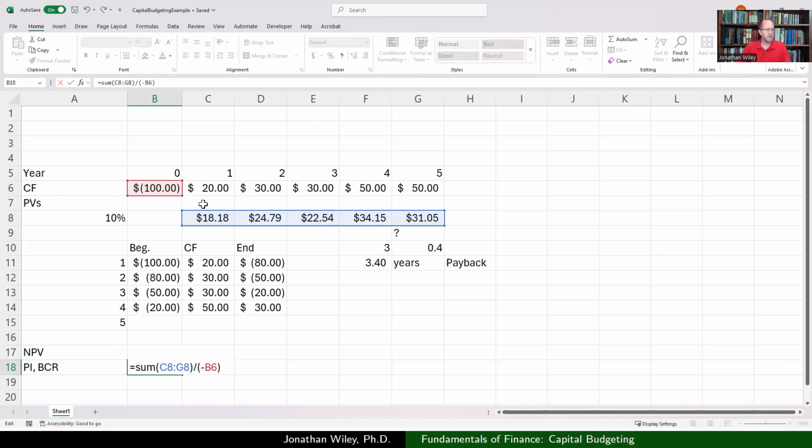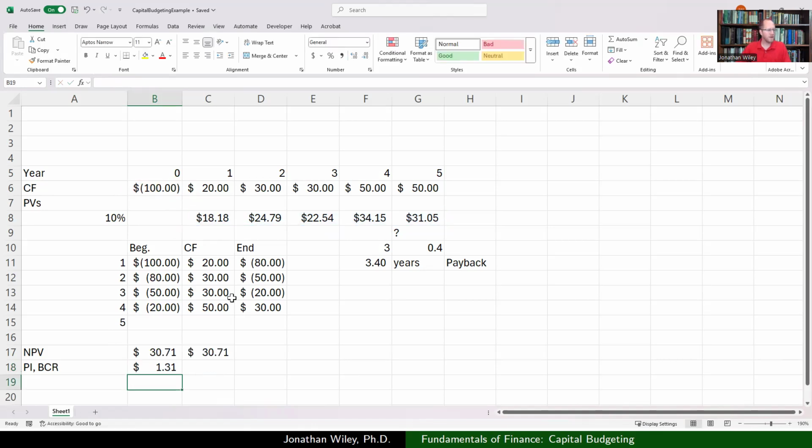So I have the present value coming in as the numerator, and present value going out as the denominator. And I get a profitability index of 1.31, which is not dollars. It's saying that for every dollar I spent on the project, I got $1.31 back in terms of present value.